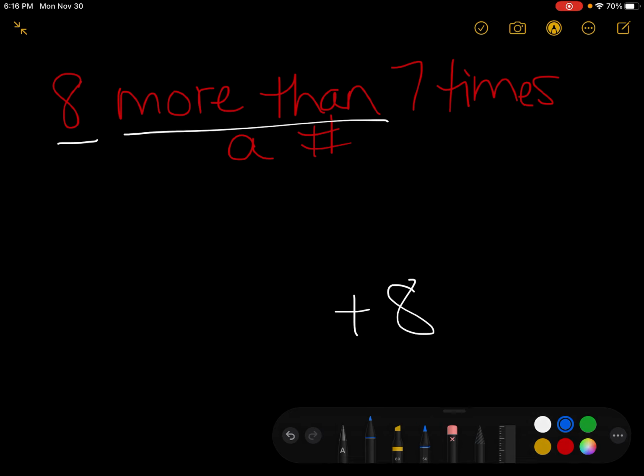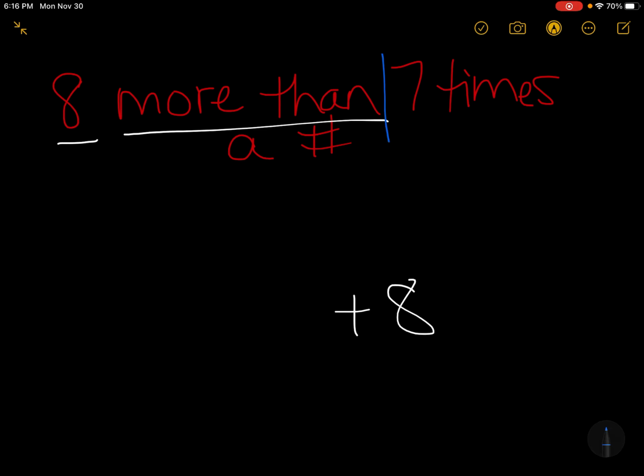If we needed to break this up, we could have broken it up right here. We could have gone ahead and said 7 times a number. What does that mean? Well, 7 times something. Times means multiply. So in this instance, we would be doing some sort of multiplication problem where we are multiplying by 7. Well, we have this part here again where it says that we're multiplying by a number.